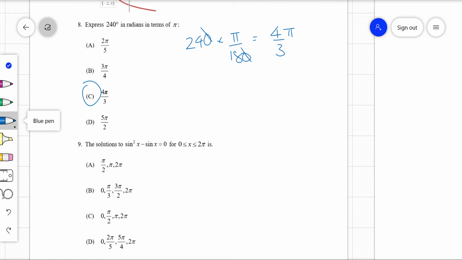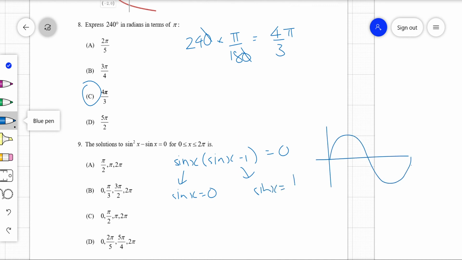Okay, number 9, the solutions to this one, well, it's a quadratic, so let's factorize first. And you can see we want sine x to be 0, or from this one we want sine x to be 1. Now sine x goes like that, that's 2 pi, that's pi on 2, that's 0.